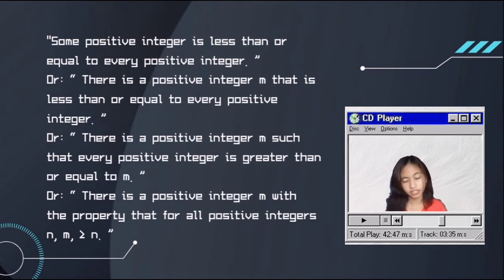Or there is a positive integer m such that every positive integer is greater than or equal to m. Or we can also write it this way: there is a positive integer m with the property that for all positive integers n, m is less than or equal to n.